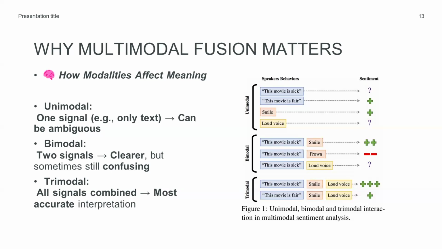We can give different kinds of tone to it, different kinds of visuals to it, and we can have different kinds of output from it. In a unimodal setup, say only the text, the movie is sick, we are often left guessing. Our sentiment gets confused.